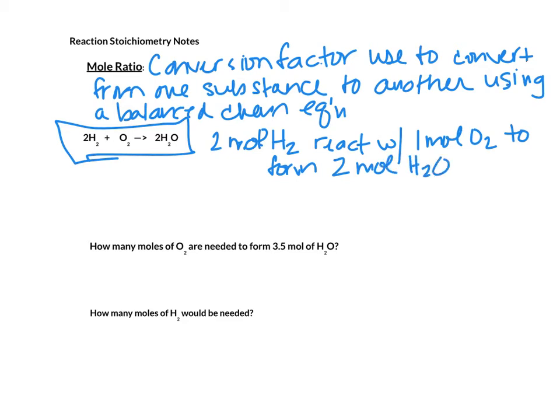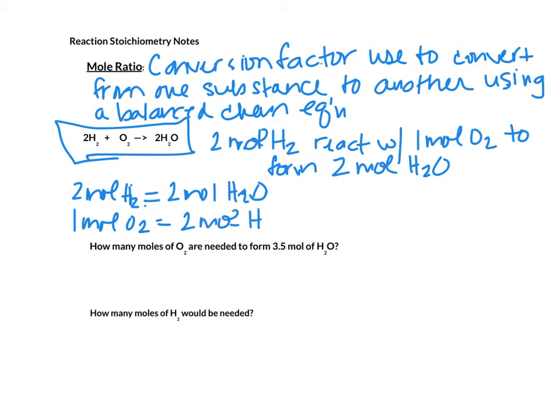So I can get mole ratios from this balanced chemical equation. For example, within this balanced chemical equation, 2 moles of hydrogen is equivalent to 2 moles of water. But we can also say that 1 mole of oxygen is equivalent to 2 moles of water.